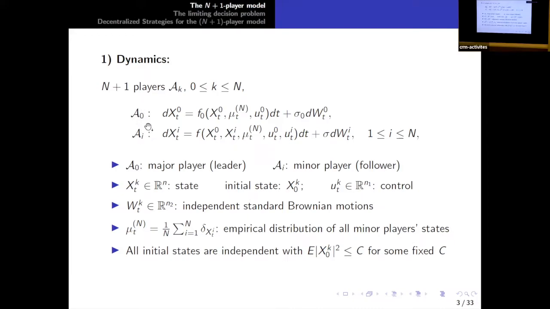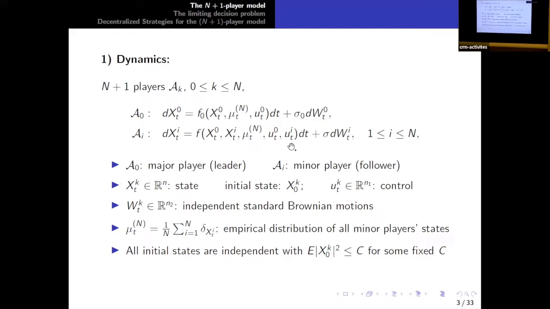A0 is quite different from other guys. It's called the major player, or the leader in the context of Stackelberg games. Why is it a major player? We can check the structure.